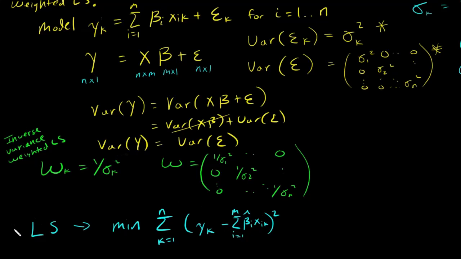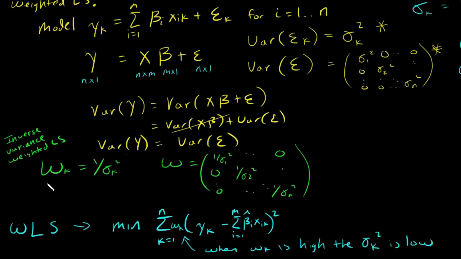So what's different in weighted least squares? In weighted least squares, we have exactly the same thing, except now we're going to weight each observation by w_k. So we're going to multiply each observation by w_k. Now, what does that do? Well, when w_k, the weight, is high, then the corresponding variance, sigma k squared, is low, right?